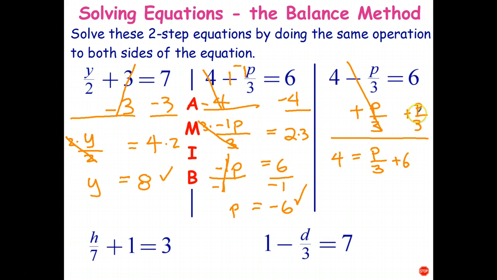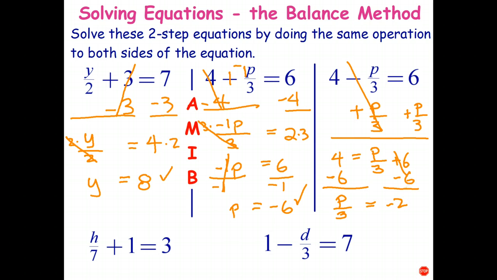Again, I prefer to write that first. That's the standard place where we put the unknown. Now it's relatively straightforward. Take 6 from both sides. Those disappear. I'm going to write the p on 3 on this side equals 4 subtract 6 is negative 2 on that side.